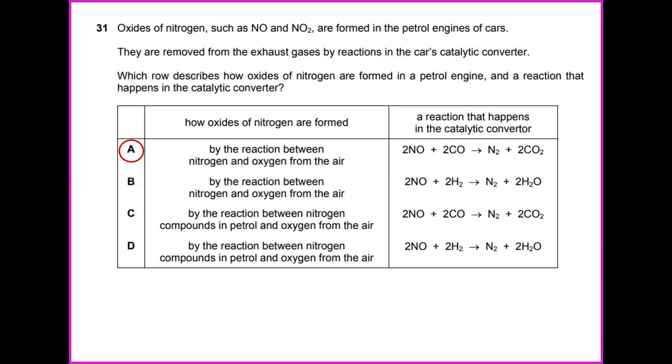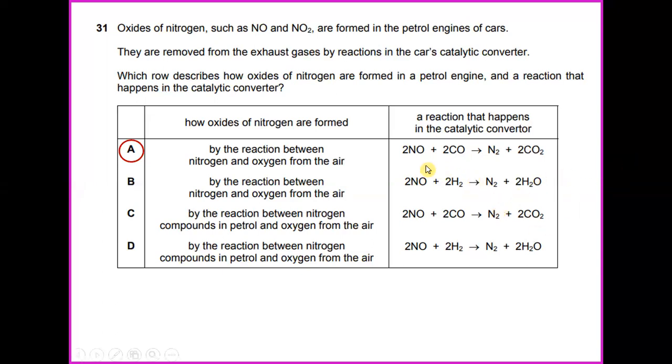Okay, so the difference between A and B is just the reaction that happens in the catalytic converter. If you can see, the answer for A and B is almost the same: reaction between nitrogen and oxygen from the air, but the chemical reaction formula is different between these two.